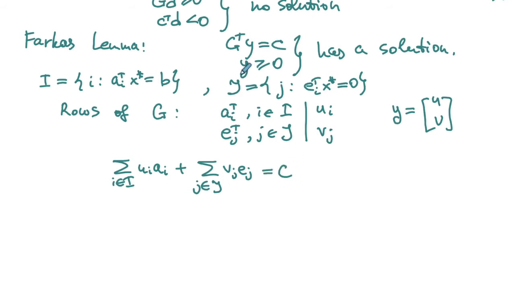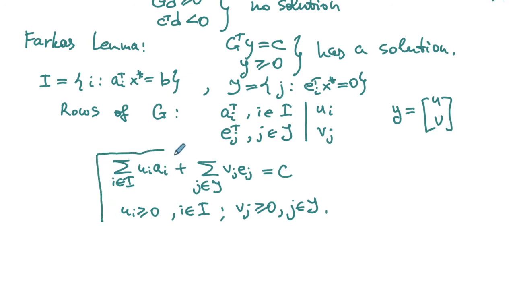And also we have the non-negativity of y's, and y consists of u's and v's. So we have u_i's greater or equal to 0 for i in the set I, and v_j's greater or equal to 0 for j in the set J capital. So this is our necessary condition here.